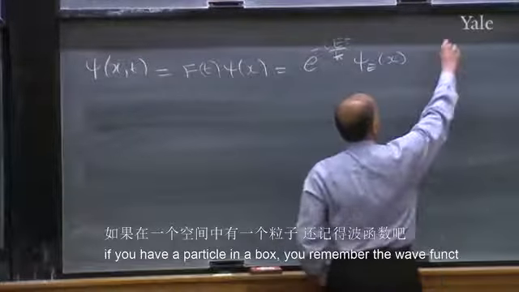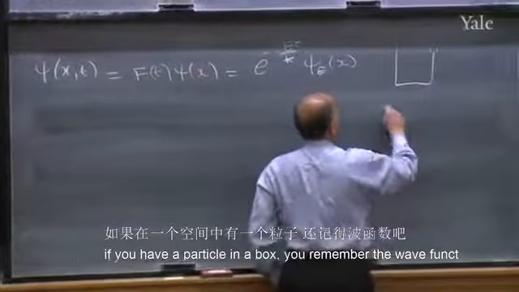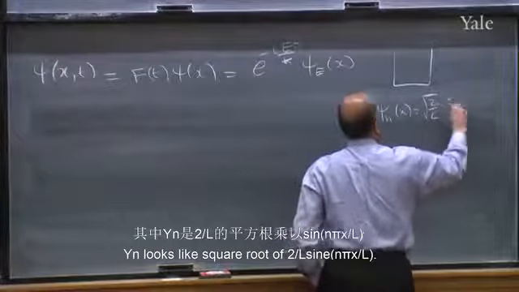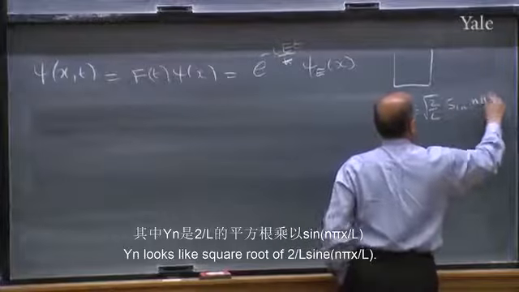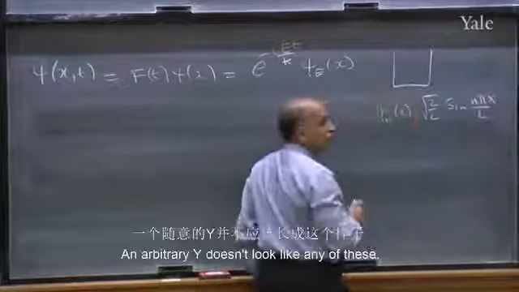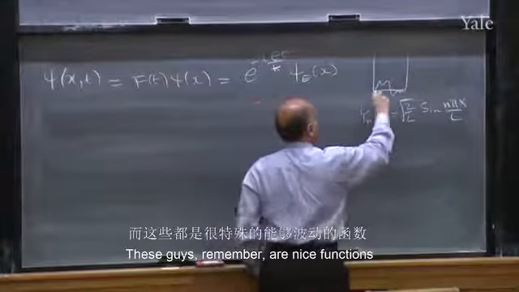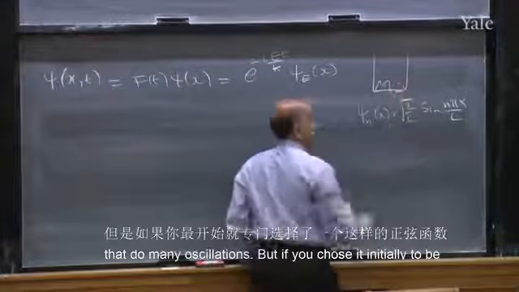For example, if you have a particle in a box, you remember the wave function psi sub n looks like square root of 2 over L sine n pi x over L. An arbitrary psi doesn't look like any of these. These guys, remember, are nice functions that do many oscillations.